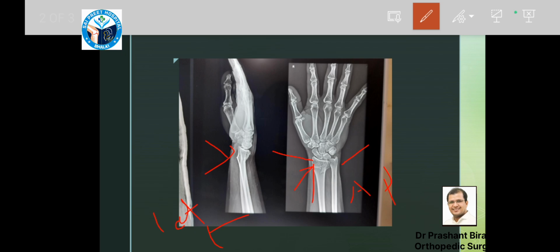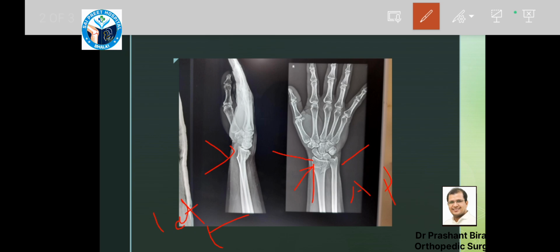So at the first instance, in elderly patients you should get an X-ray, because there are high chances of fracture. Once you get the X-ray done, you will be able to see it and you can show it to the patient also. So this is all about the wrist fracture.